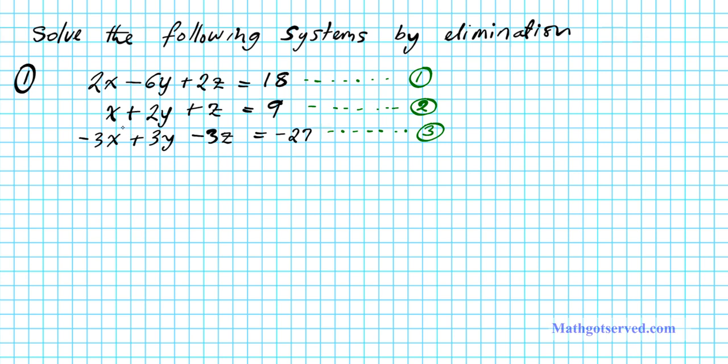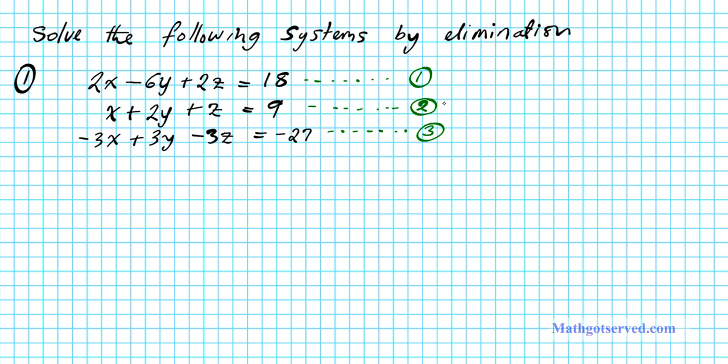Now from equation 2, we can pick one variable to eliminate, x or z. Let's eliminate x, okay? So how we will do this is we'll pair up 2 equations at a time and eliminate the variable x. We can pick any combination of 2 equations: 1 and 2, 2 and 3, or 1 and 3.